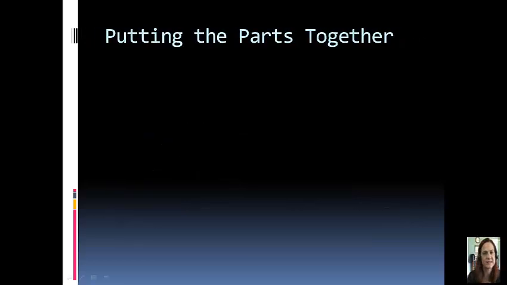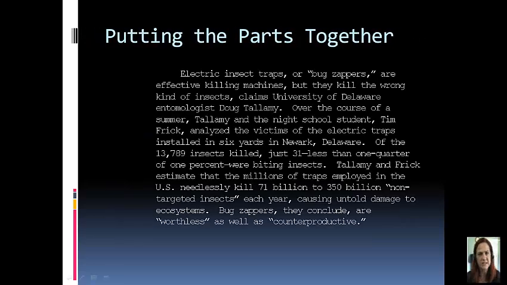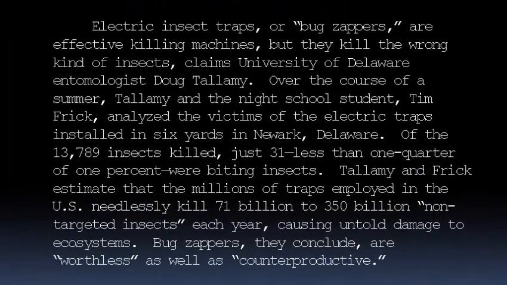Okay, so let's look at an example as we put it all together. I'll read it to you, follow along. Electric insect traps, or bug zappers, are effective killing machines, but they kill the wrong kinds of insects, claimed University of Delaware entomologist Doug Tallamy. Over the course of the summer, Tallamy and night school student Tim Frick analyzed the victims of the electric traps installed in 6 yards in Newark, Delaware.